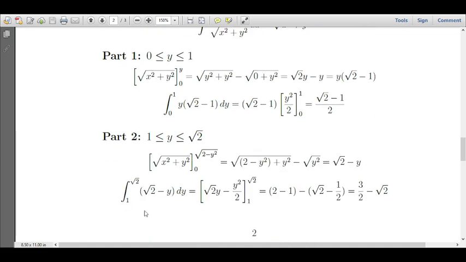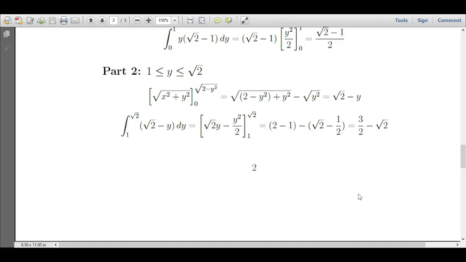So integral 1 to root 2 of root 2 minus y dy. Step by step integration: this is integral root 2 dy, which is root 2 y, minus integral y by y square by 2. Substitute the upper limit minus the lower limit, and we get 3 by 2 minus root 2.